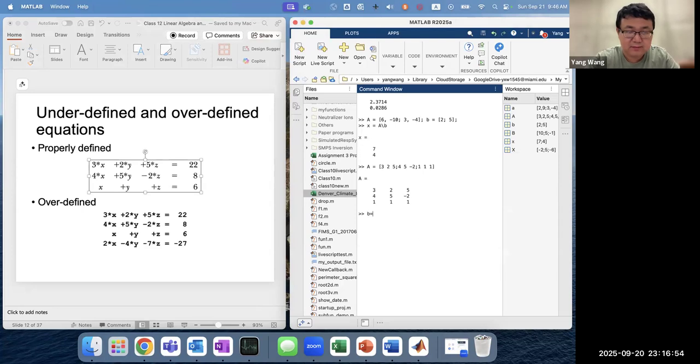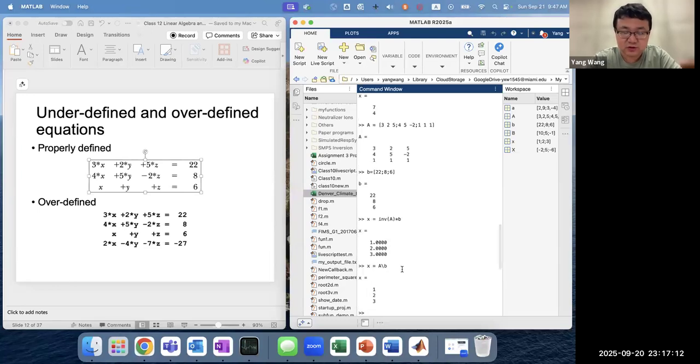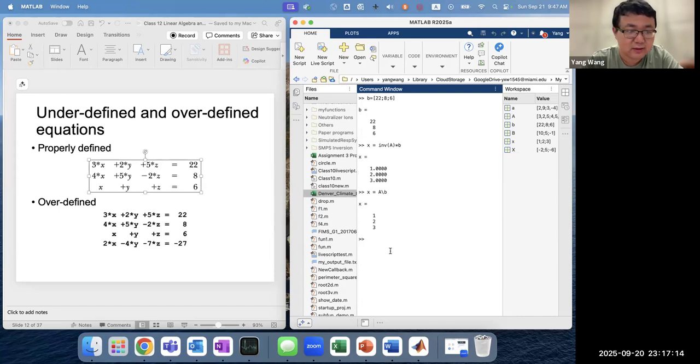And B being 22, 8, 6. Then you could have the solution being inverse of A multiplied by B, right? Or X being A backslash B, left division. So this is the solution you get.